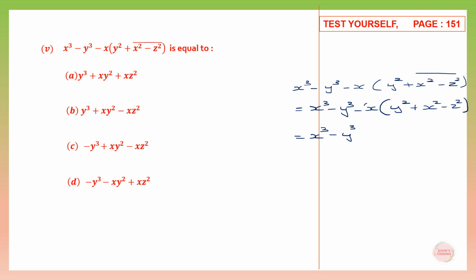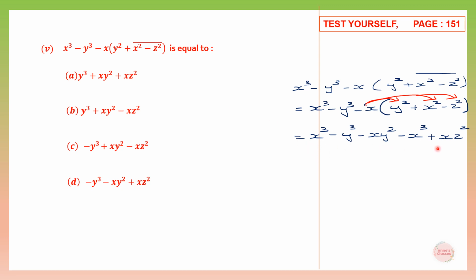Now minus x multiplied with y square becomes minus xy square. Then minus x into x square becomes minus x to the power of 3, because x square is 2 and x is 1. Then minus x into minus z square: minus into minus is plus, so we have xz square.